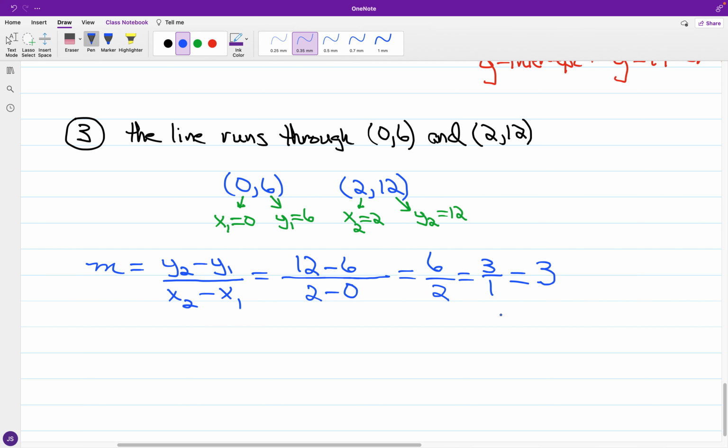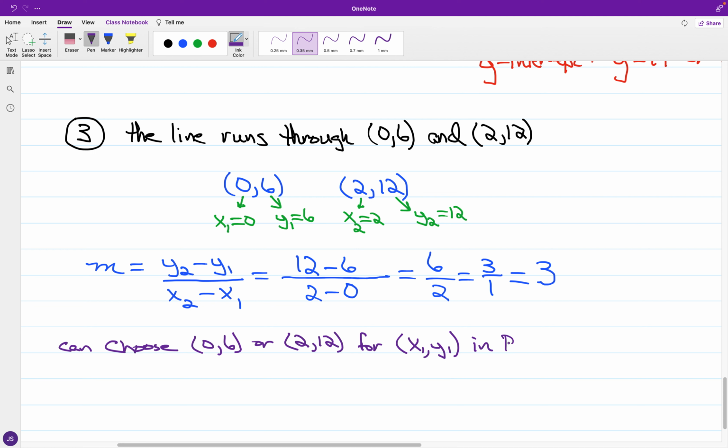Okay, so we got the slope m. Now for the x1, y1, you can actually choose either of these two ordered pairs, (0, 6) or (2, 12), in the point-slope setup.